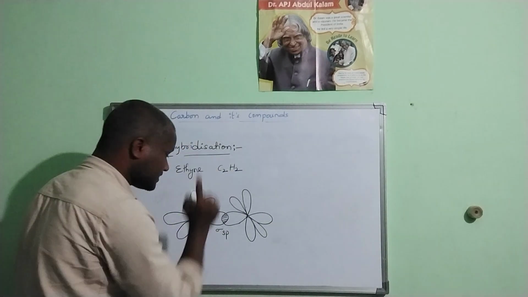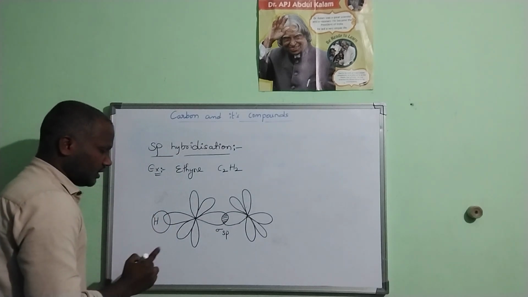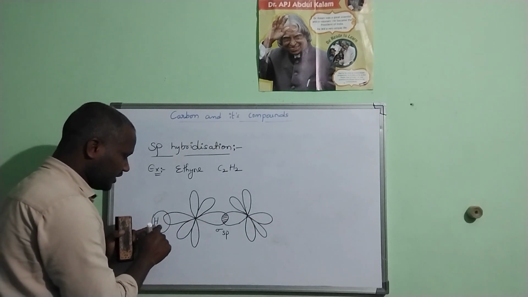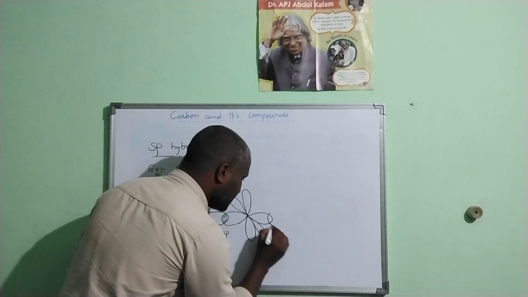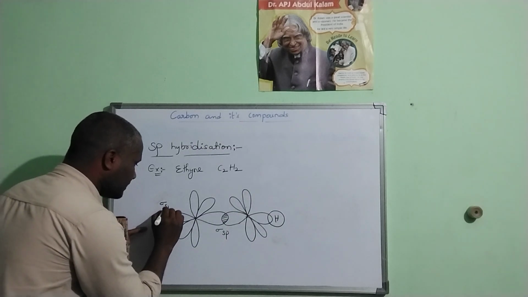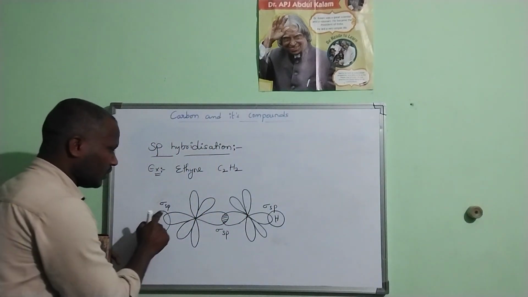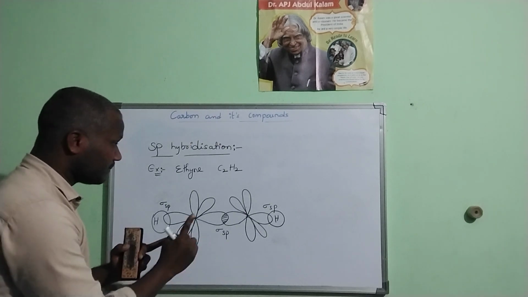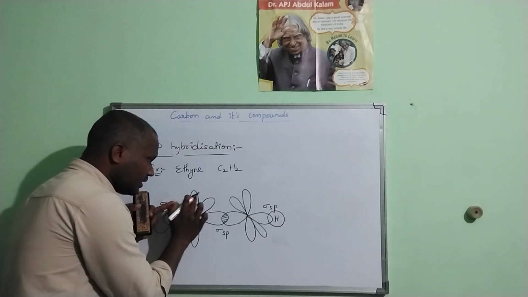How many hydrogens are there? 2 hydrogens are there. So 2 hydrogens will combine to form new hybrid orbitals, one hydrogen with one carbon and the second hydrogen with the second carbon. So here also we can see sigma sp bonds. 1, 2, 3. 1s and 1p orbital are involved in the hybridization process here. What happens to the py and pz?